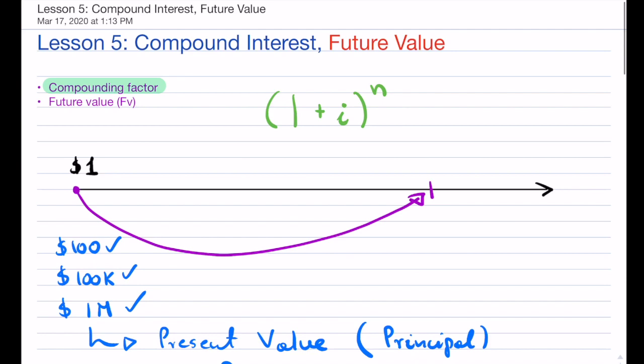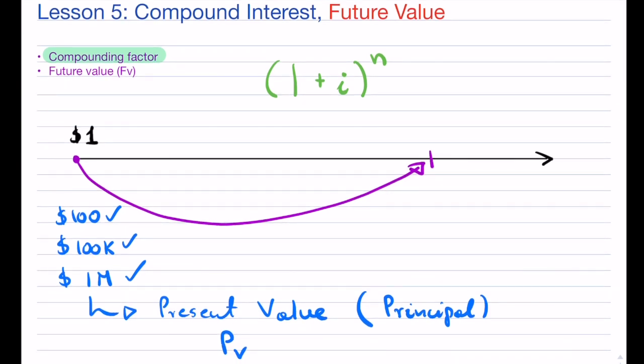And once we know that we can invest any amount that we please, then we can take our compounding factor and simply multiply it, so not by a dollar, but by any amount that we're beginning with, so our present value. So guess what?